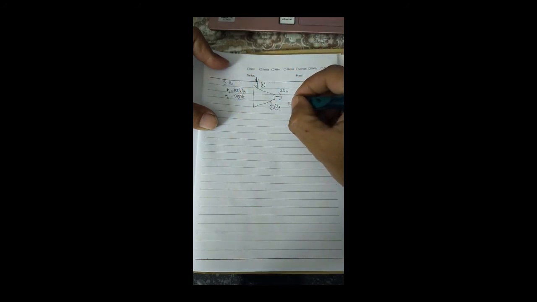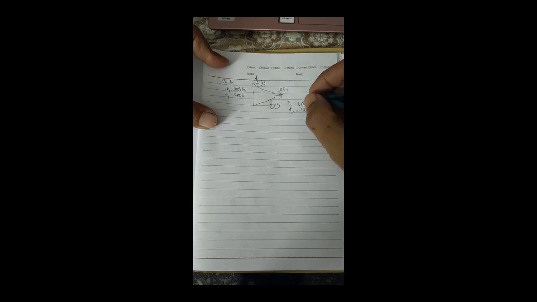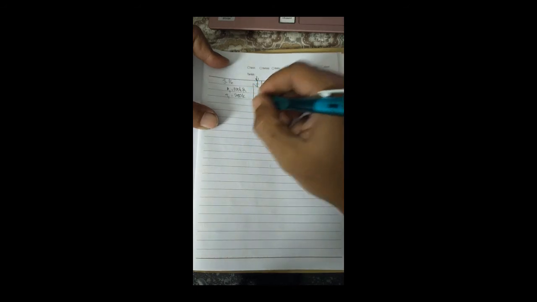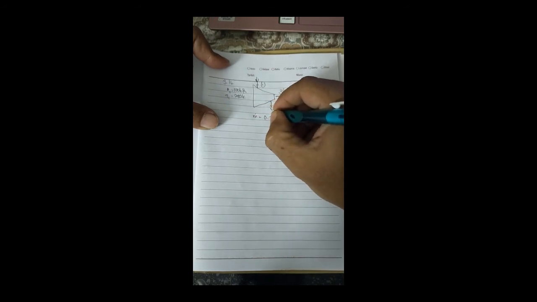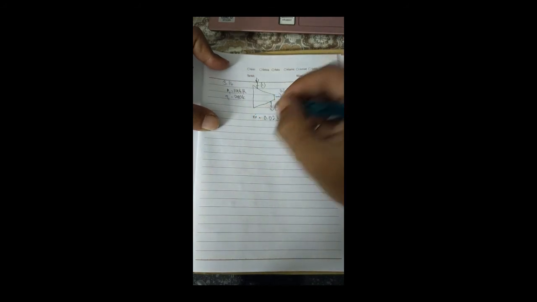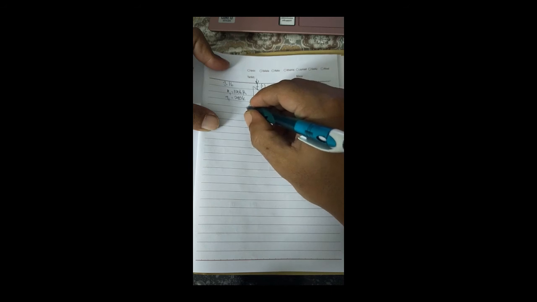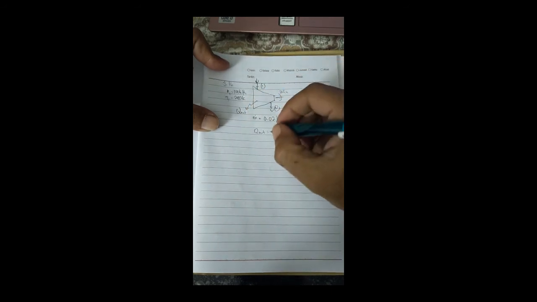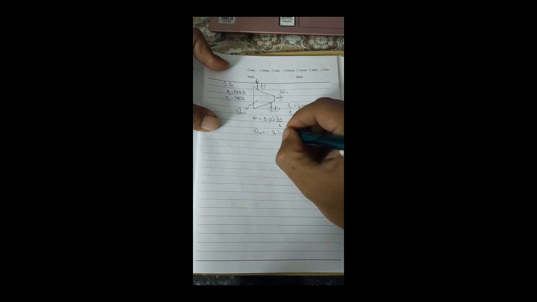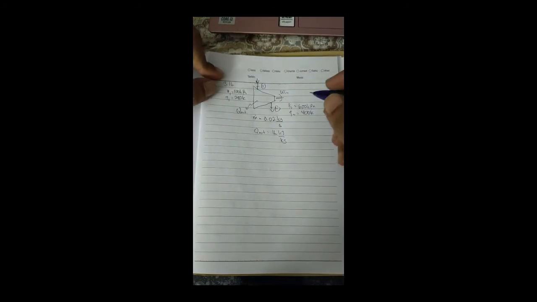P2 is 600 kPa. T2 is 400 Kelvin. The mass flow rate m dot is given directly, 0.02 kg per second, and the heat loss Q out is 16 kilojoule per kg. So this is given directly.